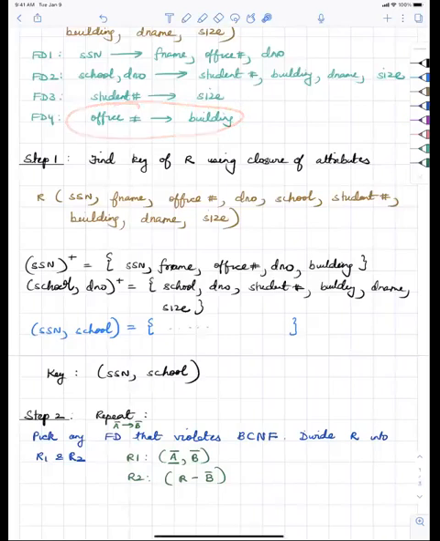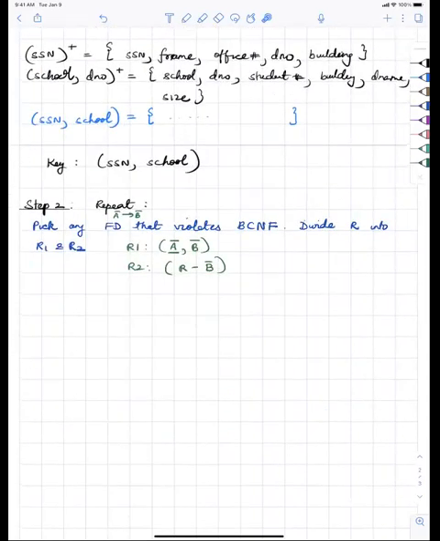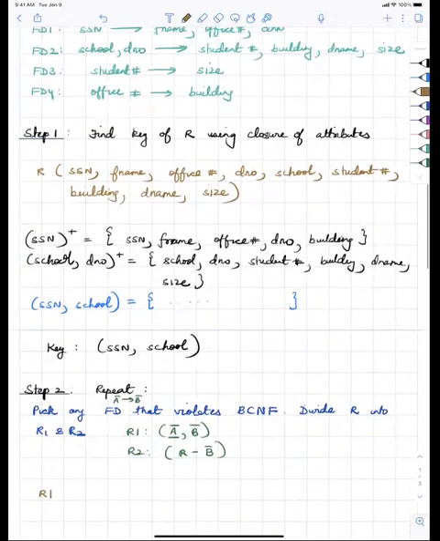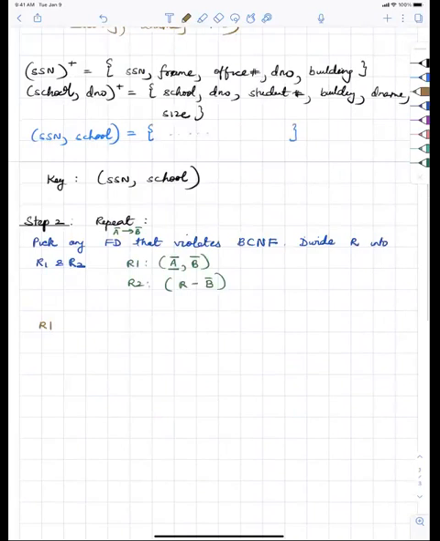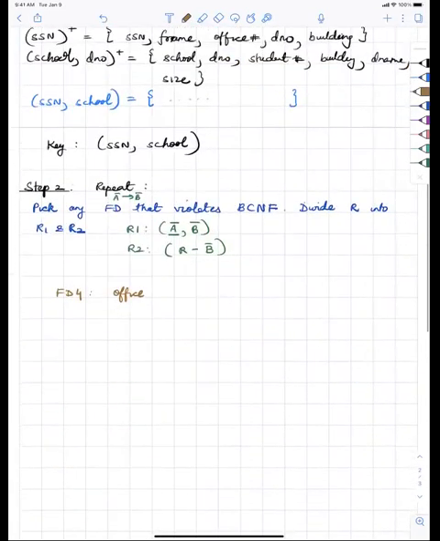I mean, just randomly, I'm going to start with that. So what I did is I picked FD4, which is office number determines building.